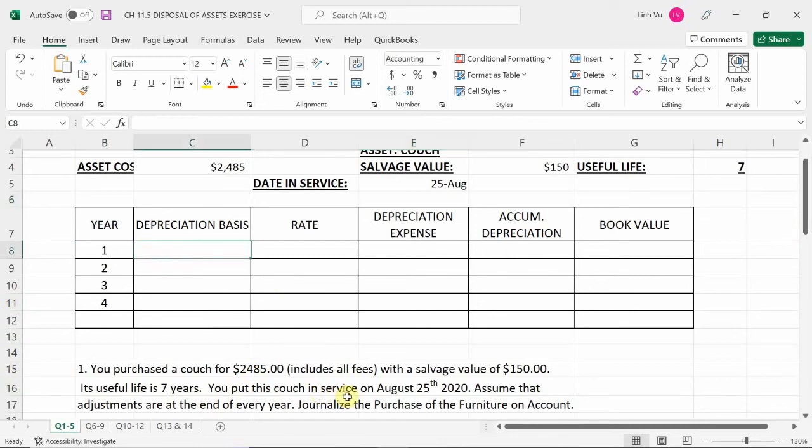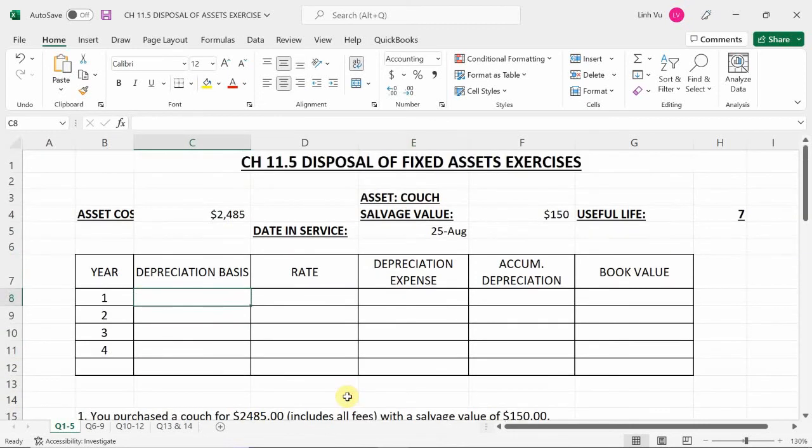So, what's my depreciation basis going to be? The 2485. And this is straight line. Okay, you're going to figure out the rate?